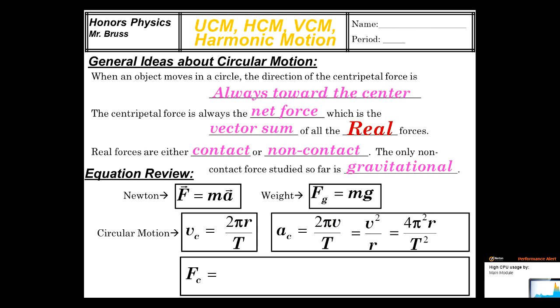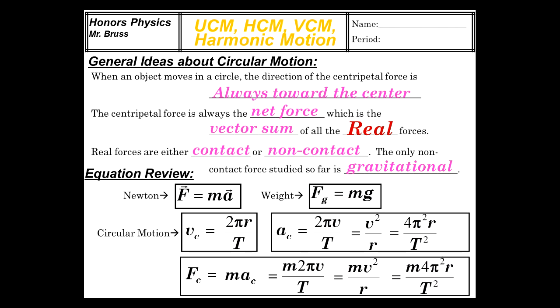Look familiar? I hope so. And for Fc, we just add the m in front of all those. So we get m 2 pi v over T, m v squared over r, m 4 pi squared r over T squared. And there's the complement of basic equations that we've already learned, and we will move forward with some additional ideas about circular motion.